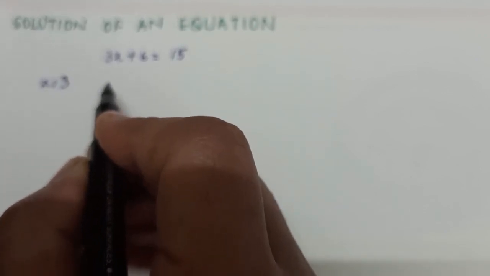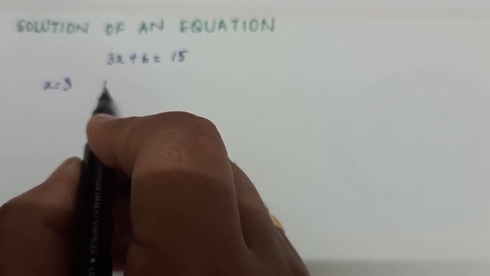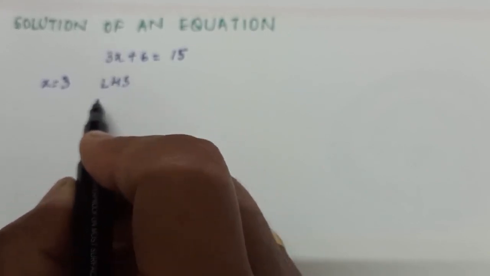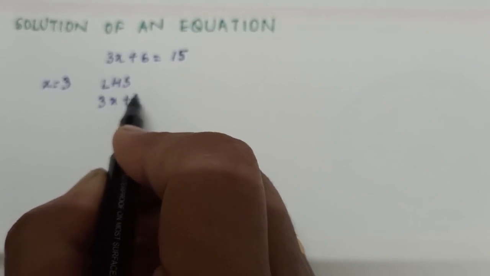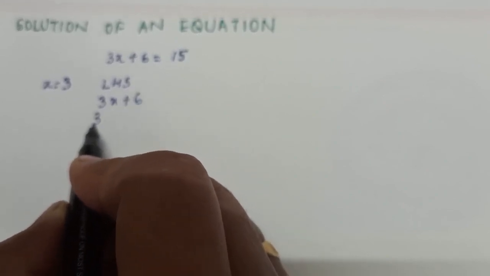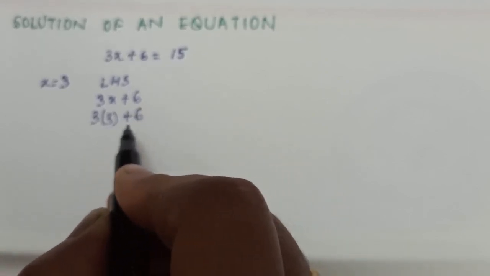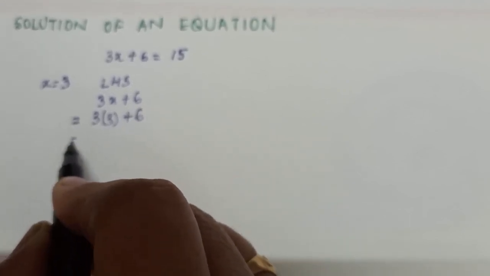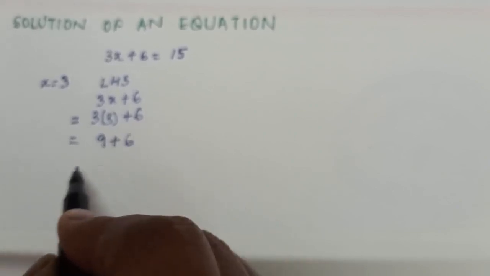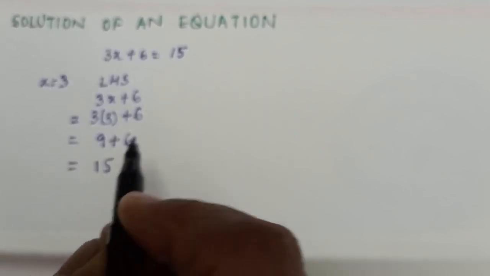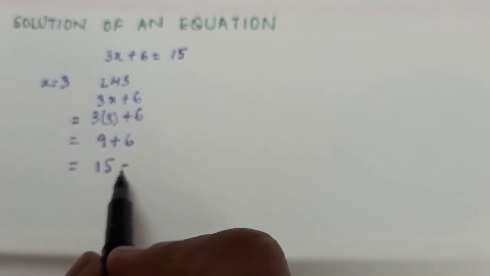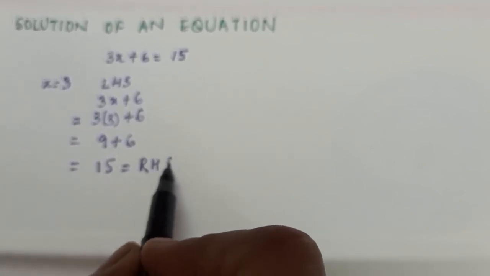Alright, so if we try x is equal to 3 in the left hand side, 3x plus 6, I put x is equal to 3 and I get 9 plus 6 is equal to 15. 15 is already our right hand side.